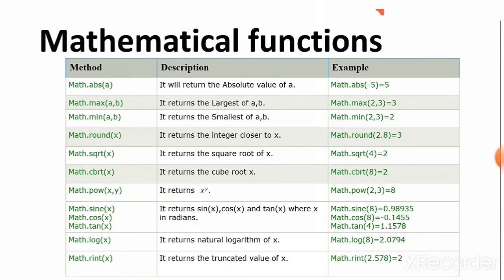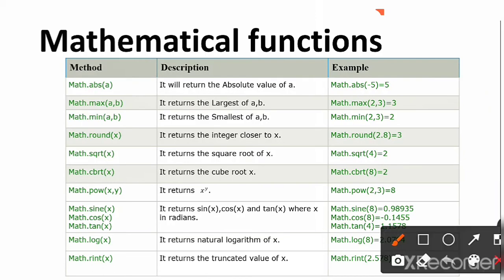Next, for example, if I want to find the absolute value of -5, I can write math.abs of -5. The absolute function will always give you the positive value of a given negative number. So the absolute value of -5 will be +5.